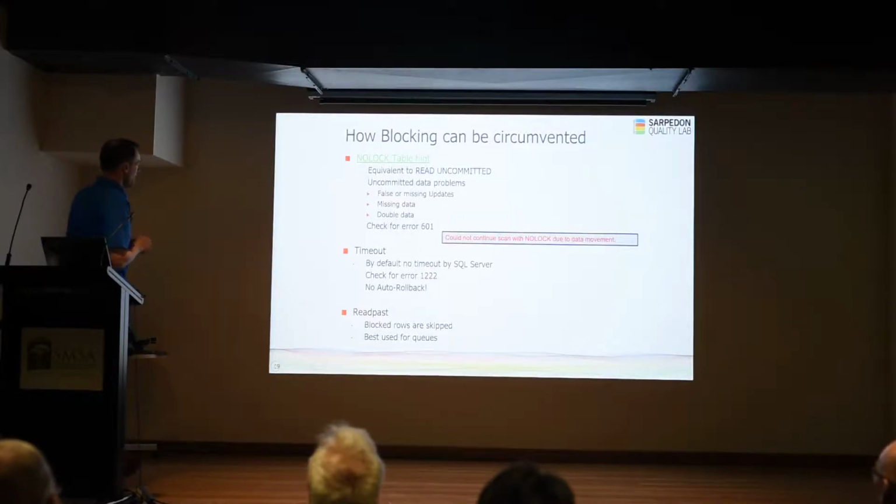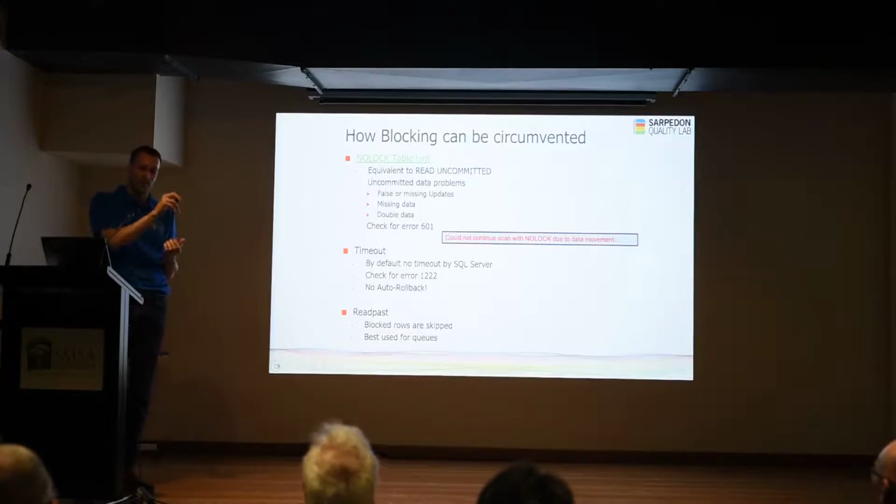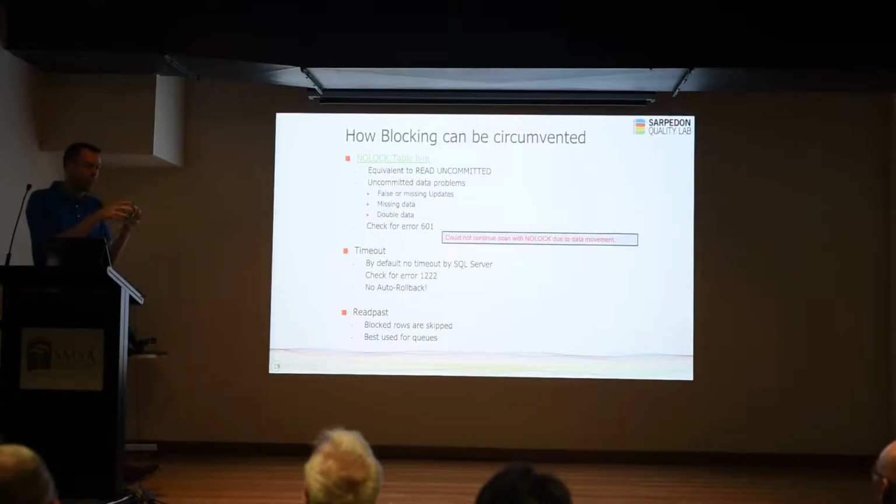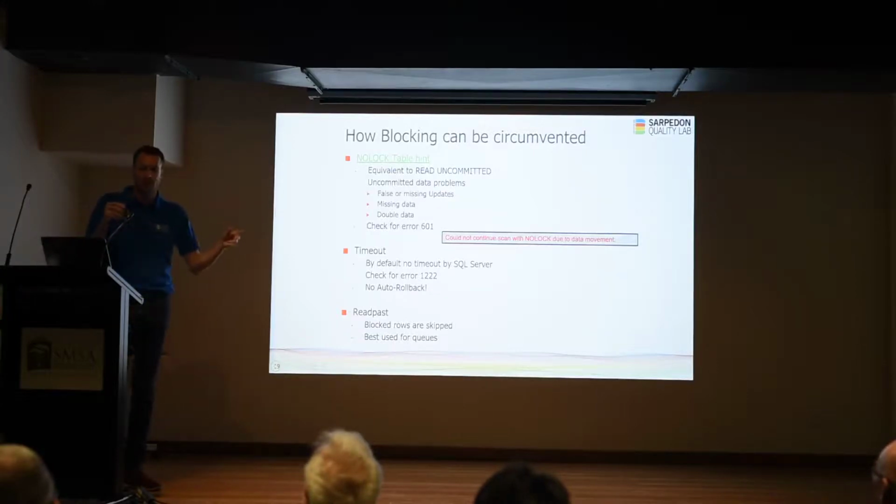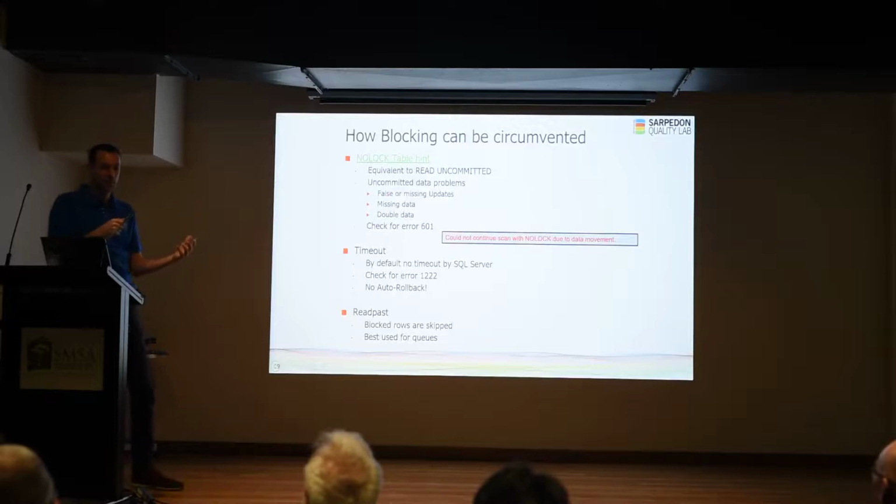So, to make it easy, NOLOCK is especially dangerous when you have a high transaction amount on your table, on your data, which is exactly the case where most people would use it. The more conflicting transactions, the more you tend to say, oh man, let's use NOLOCK to get around this problem, but in those situations it becomes more dangerous.